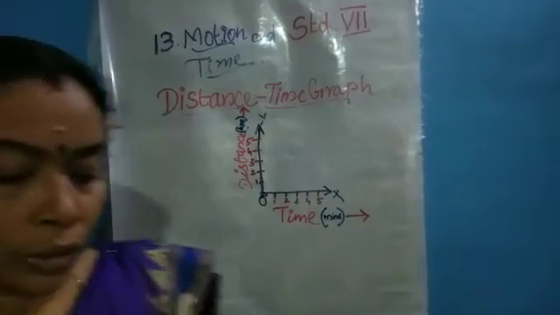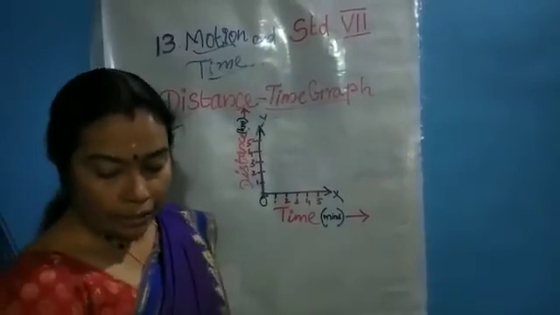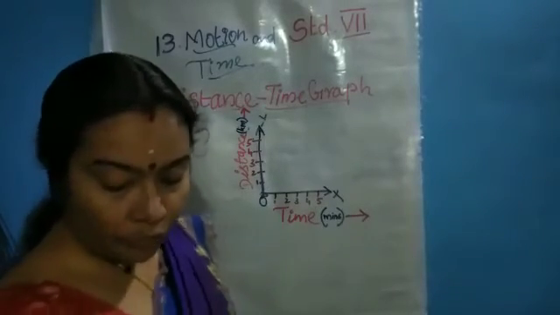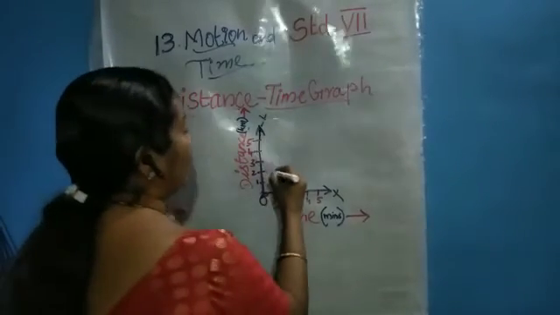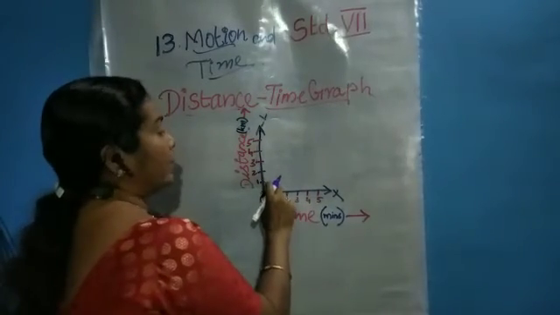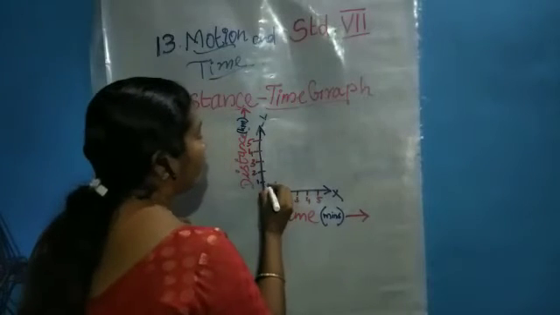Then what will you do? You will check at 1 minute the moving object. Here they gave the motion of a car. At 1 minute the moving object covers 1 kilometer. So where 1 minute and 1 kilometer intersect, there we put a point.